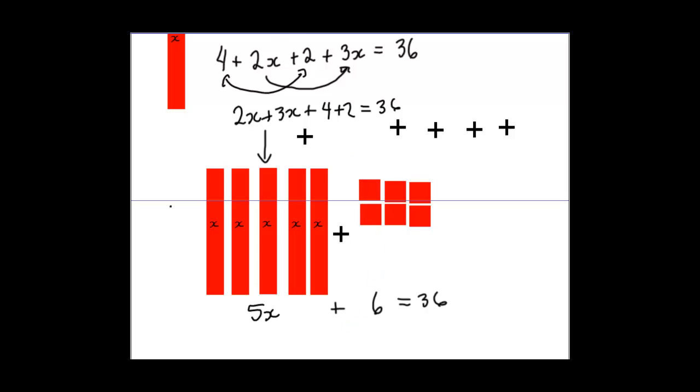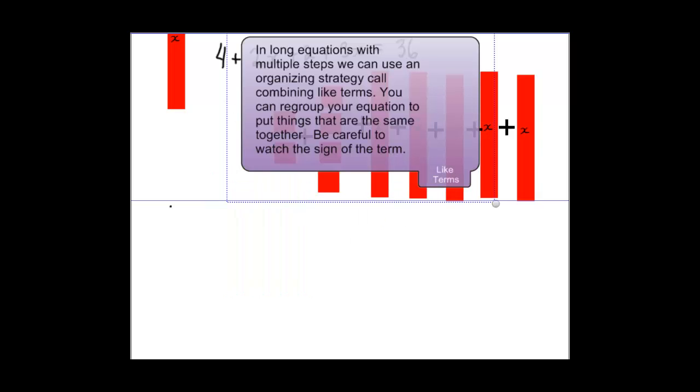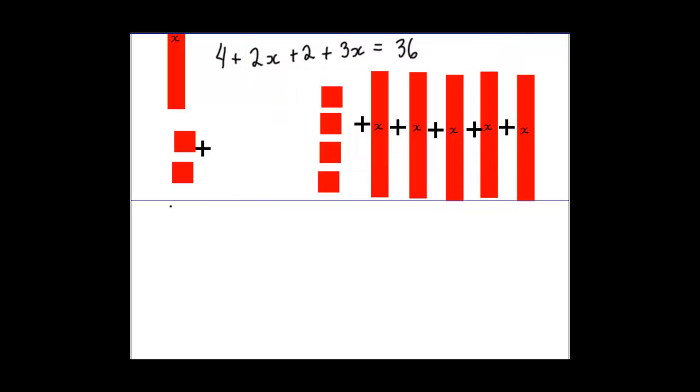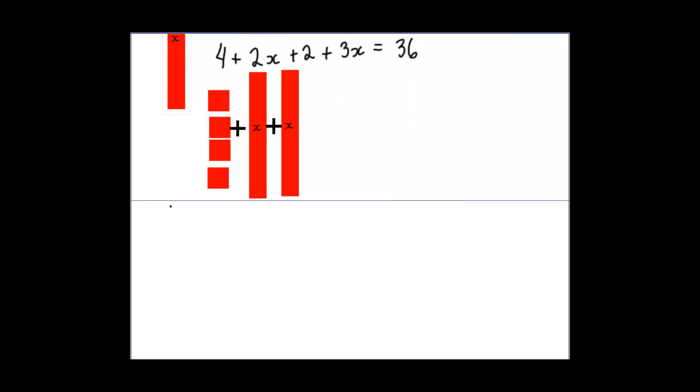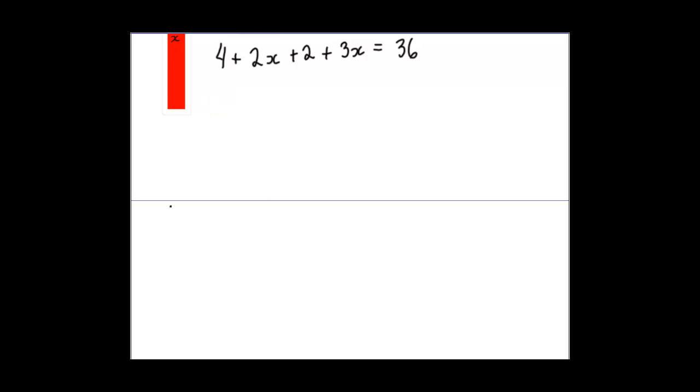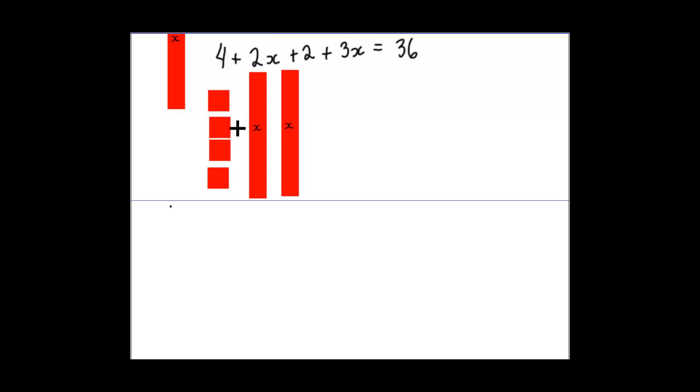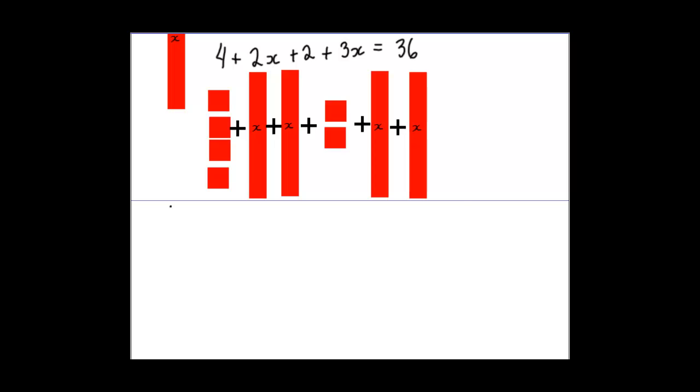Let's just review that whole thing again. We have our equation, 4 plus 2x plus 2 plus 3x is equal to 36. If I draw that out, this is what I end up with: my 4 plus my 2x plus my 2 plus my 3x. Then I can start combining like terms.